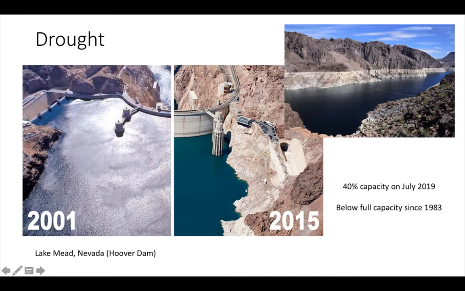The last couple impacts of global warming on our national parks are drought. So Lake Mead, where Hoover Dam is in Nevada, holds the water for Las Vegas. But due to drought over the last several decades, it is actually at 40% capacity in 2019 and has been below full capacity since 1983.